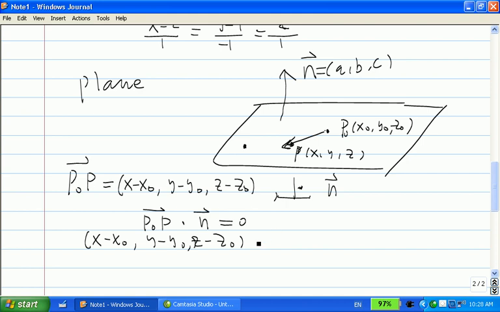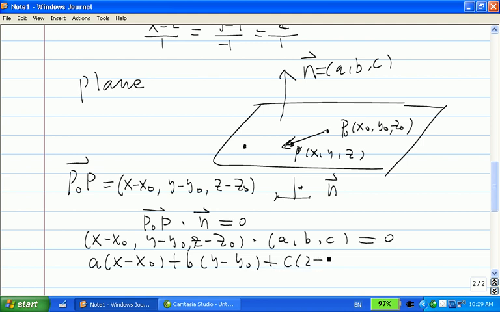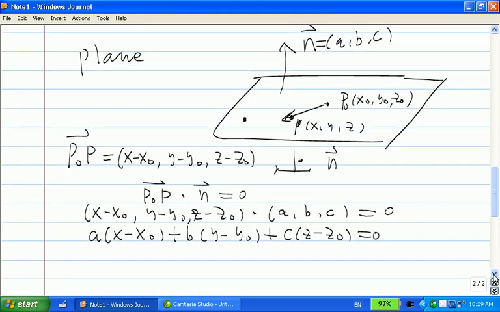That's the first vector, dot your normal vector, which is a, b, and c. They must equal 0. What is a dot product? Corresponding components multiply each other, then add them together. Dot product, remember, gives you a scalar.